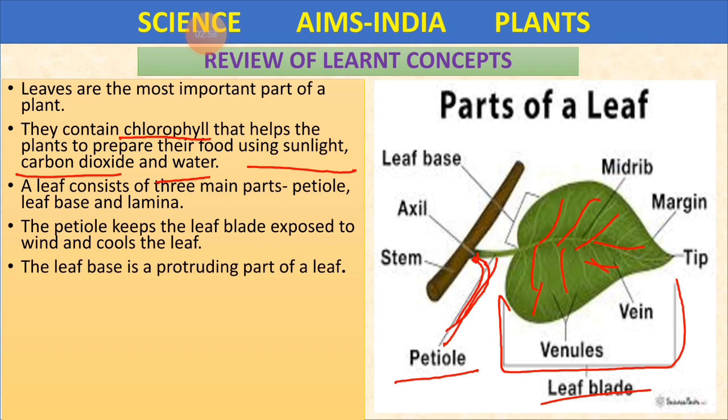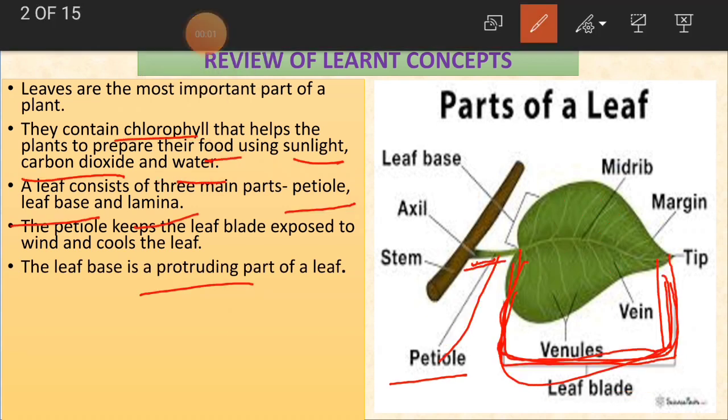Now what is the next one? The leaf base is a protruding part of a leaf. What is this protruding part, children? A protruding part is nothing but an expanding part. So where is the leaf base here? Here.